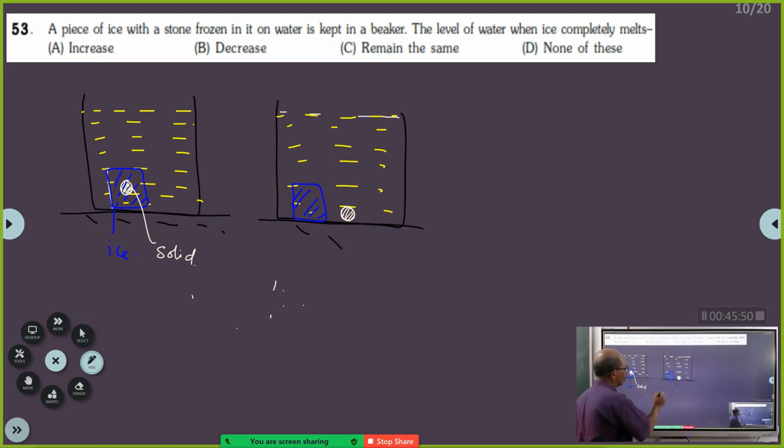It is at 0 degrees, ice has melted. So what is the consequence? Going by this, you have here the volume of ice, and this is the volume of the solid and water.